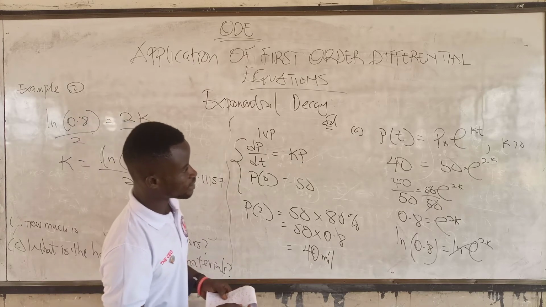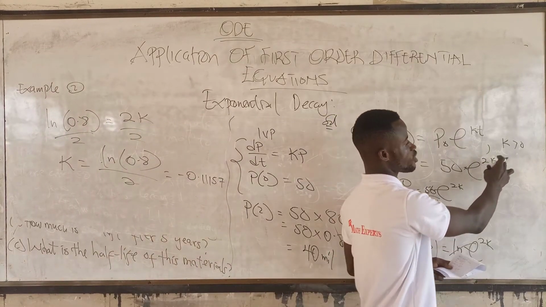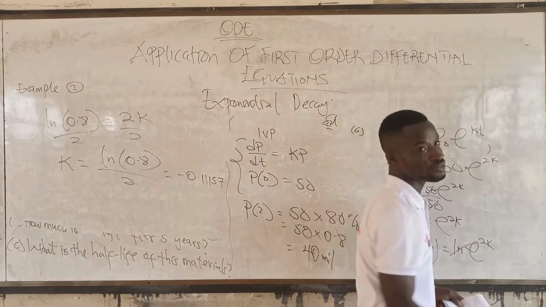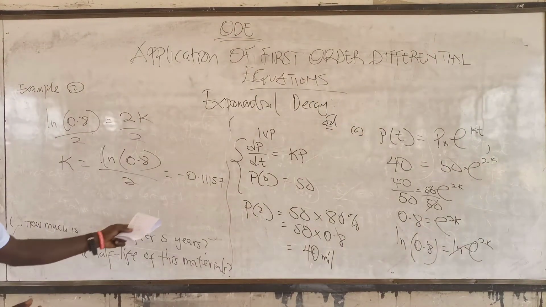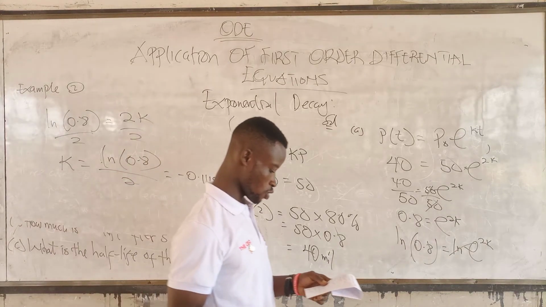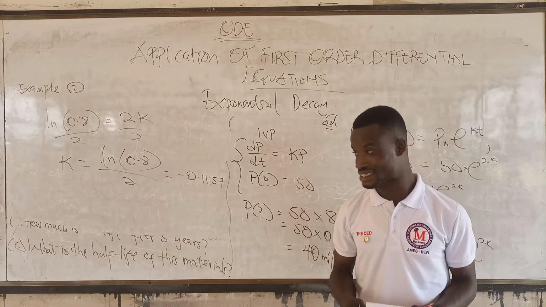So you can see that here, you cannot say that k will be greater than 0. So let's leave the condition here, because we have realized that now we are getting k to be negative. Very good. So that is how we do to get the A.